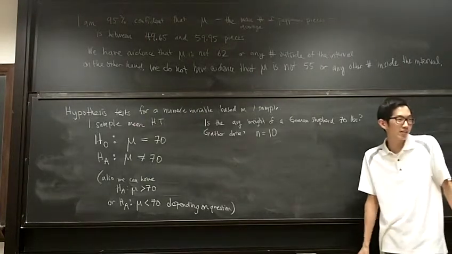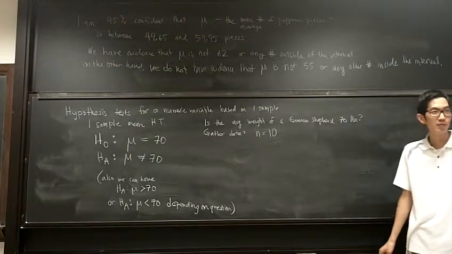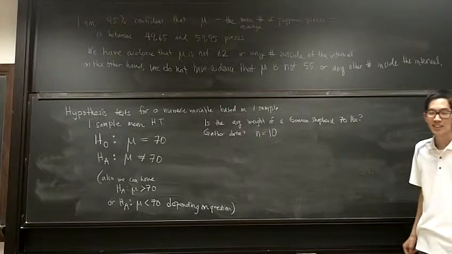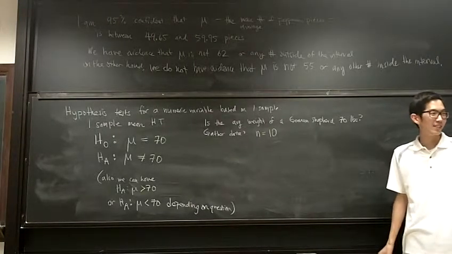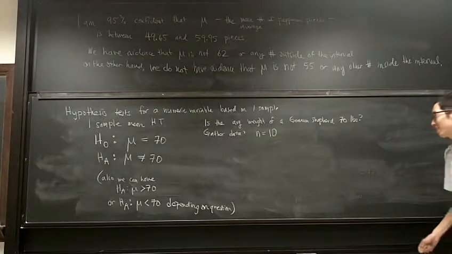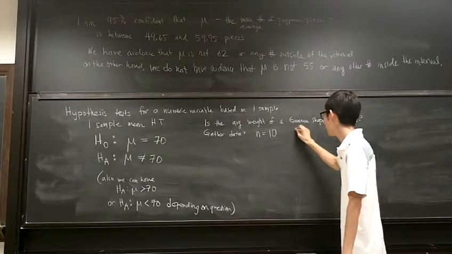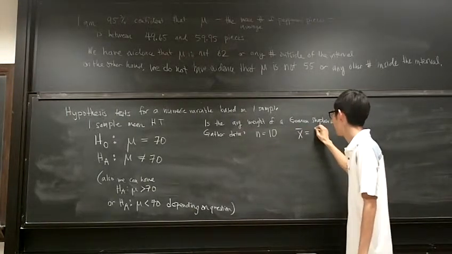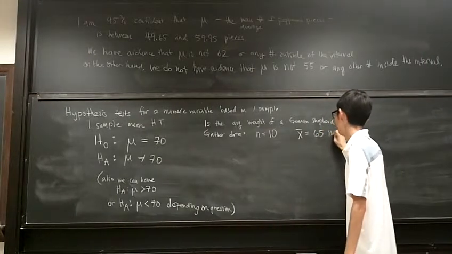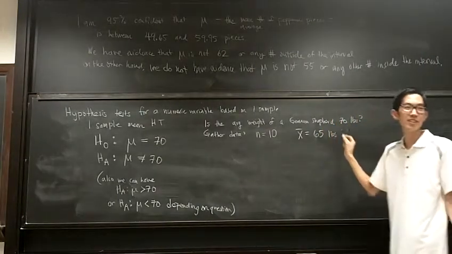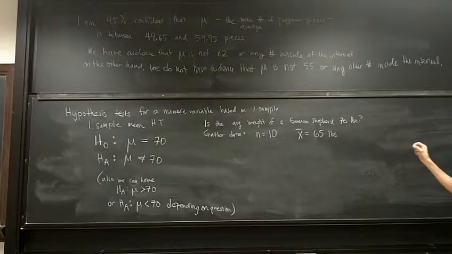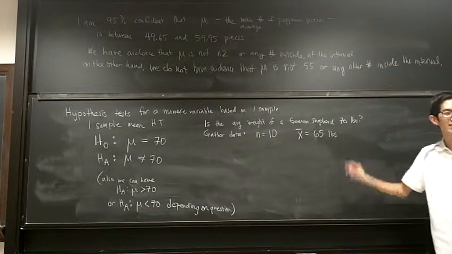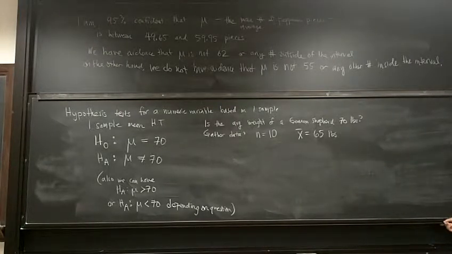So what was the average of these? 100 pounds? No, these guys are big. Okay, let's say that the average weight of these 10 dogs was 65 pounds. Is that all right? I don't know. Let's just say 65 pounds. Sorry if that's unsatisfying.